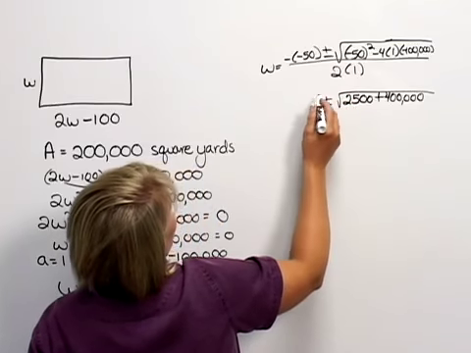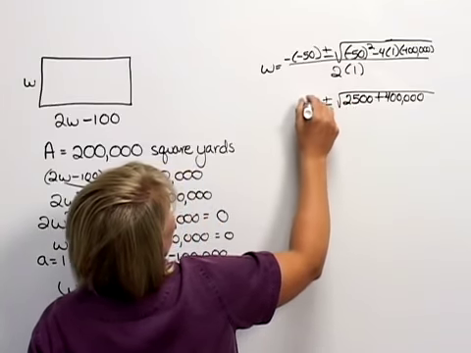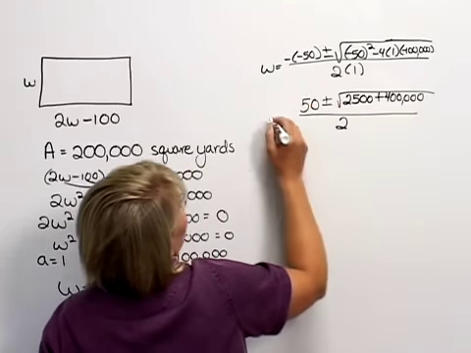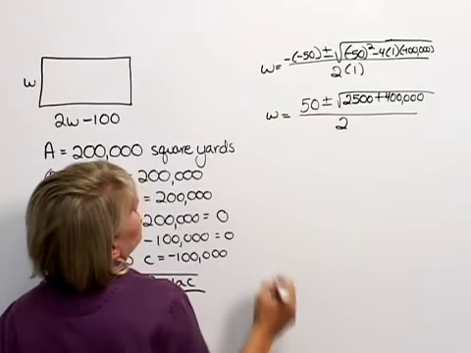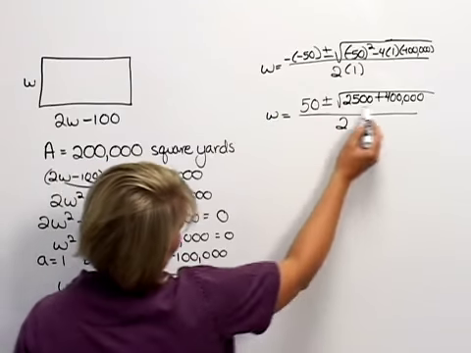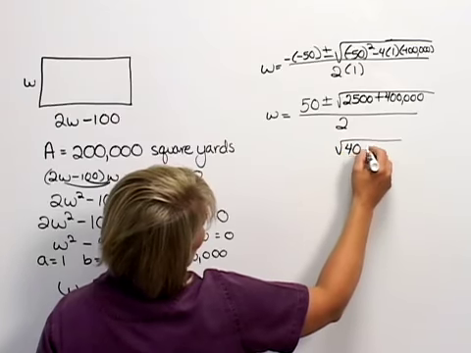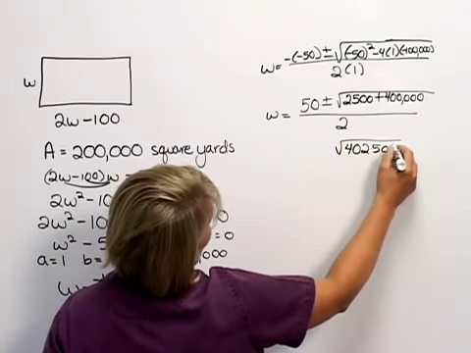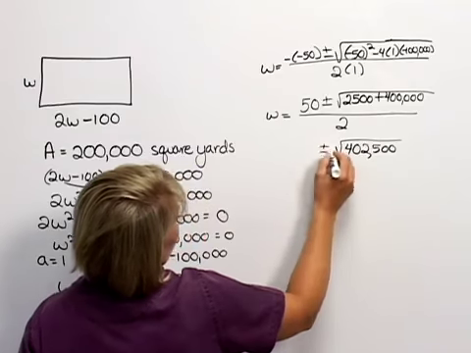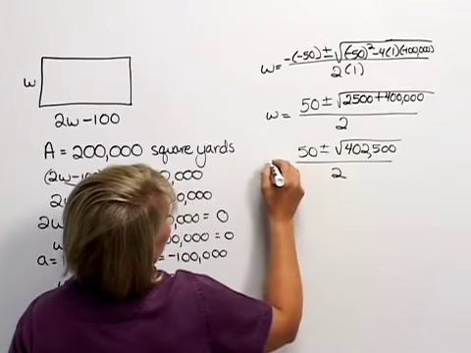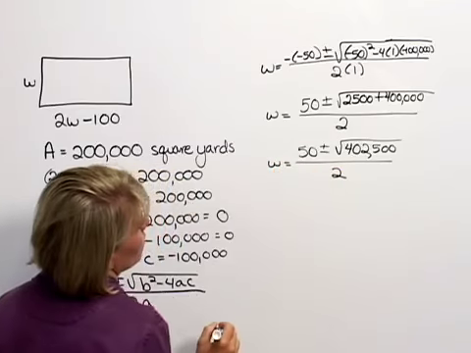So we have a plus or minus here. The double negative on the 50 makes a positive 50 all over 2. So that's what W equals so far. Let's combine these to get the square root of 402,500, with the plus or minus in front, and the 50 all over 2 will equal the W.